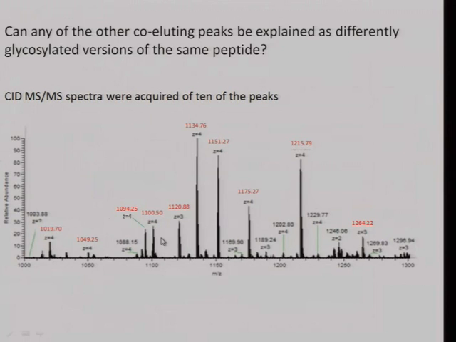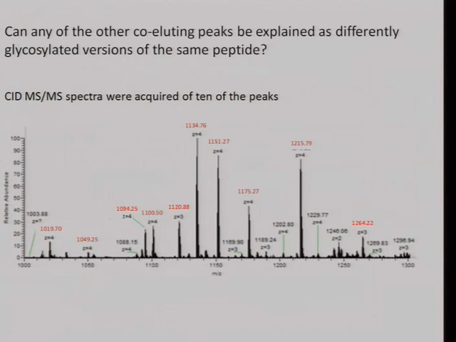But these are quadruply charged peaks, so the mass difference is actually 51 and a quarter times 4, which is 204. Is that right? Okay. So this is a smaller glycan.